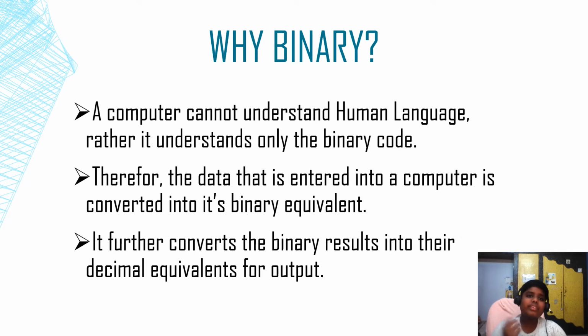And if it gives the result in binary form, we won't understand, right? Again we need to do some work to convert that binary into the decimal format. So what does the computer do? After the addition comes in a binary format, it converts that binary result into decimal again and sends us the output in decimal format.